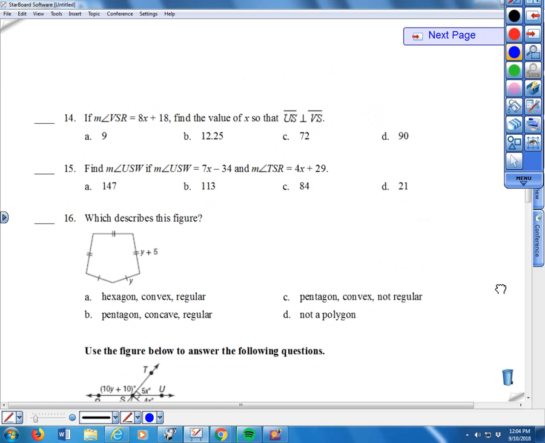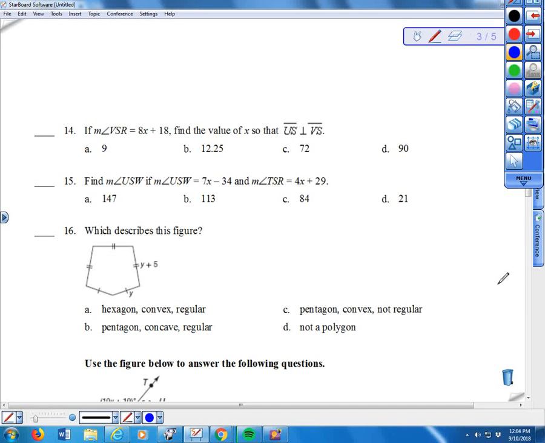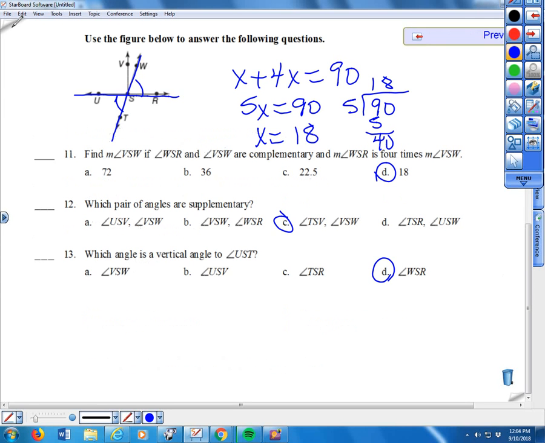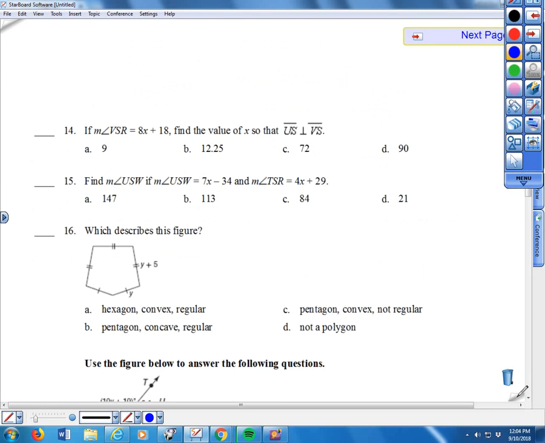If the measure of VSR is 8x plus 18, I'm going to go back up here now. VSR. Okay. Find the value of x. What does this symbol mean? Perpendicular.